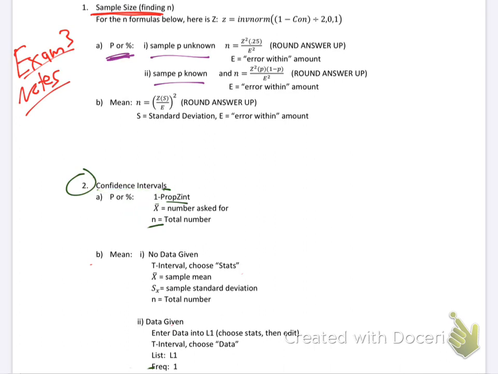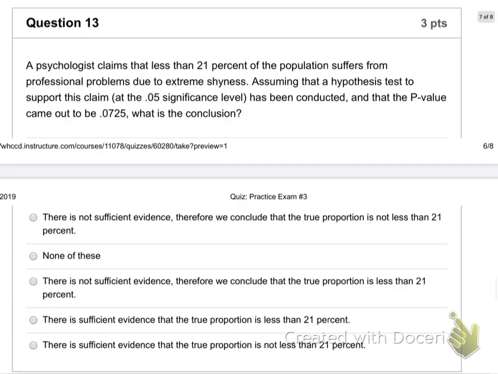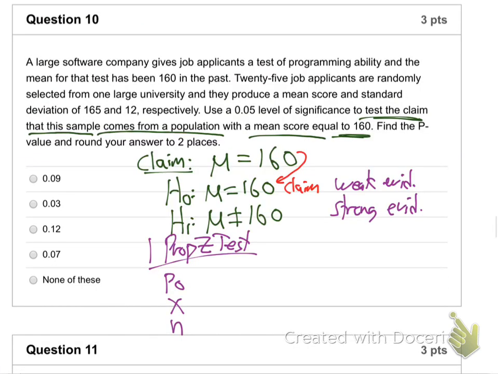It's not a P. It's a mean. And is data given or not? No data given. Okay, hypothesis test, no data given, t-test. For a mean, right? This is for a mean, not a percentage. So it's a t-test, choose stats. Go back and do the right thing here. Not a 1 prop Z. It's a t-test.